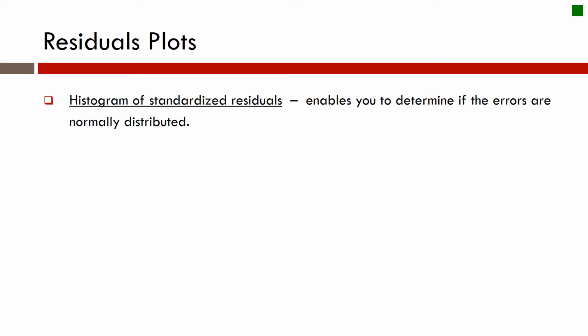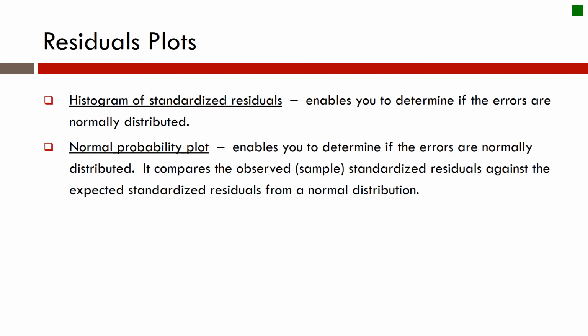This is really the point at which we're interpreting the results, looking at a histogram and looking at the normal probability plots, normality plots, which help you identify how well the observed results match up with the predicted results.